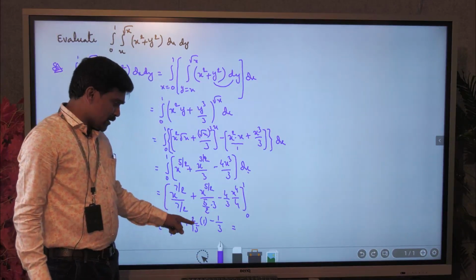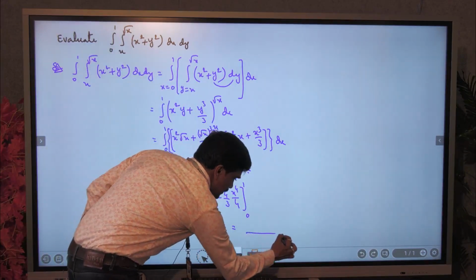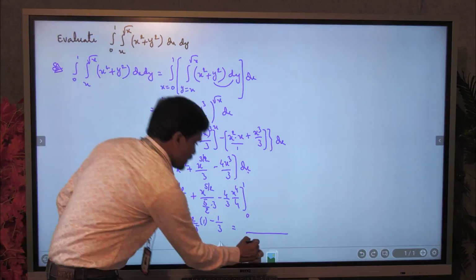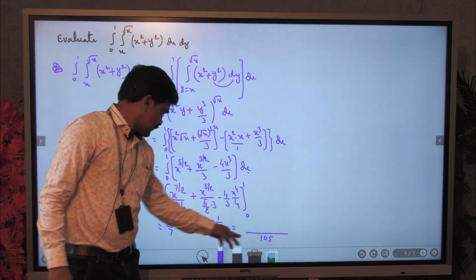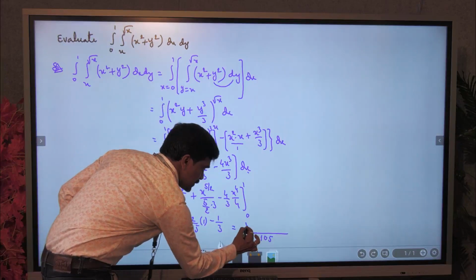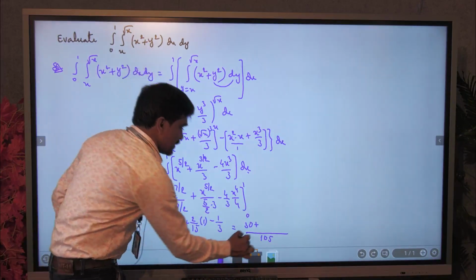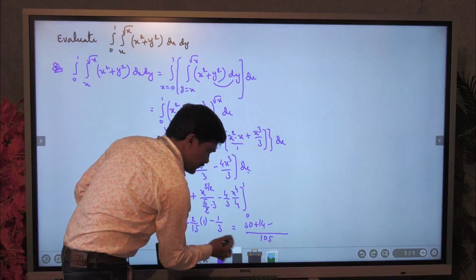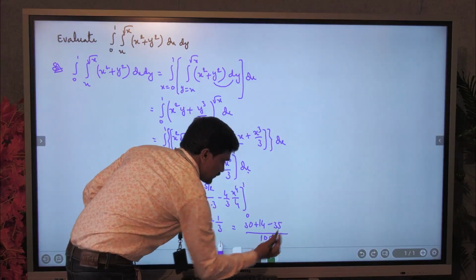So here 2 by 7, 2 by 15, minus 1 by 3. So what is the LCM here? The LCM is 15, 7, 3. So that's why I write 105 is the LCM. Here 105 in 7, 15 times, 15 twos are 30, plus here 15, 105, 7 times, so that is 7 into 2, minus here 35 times, so 35.